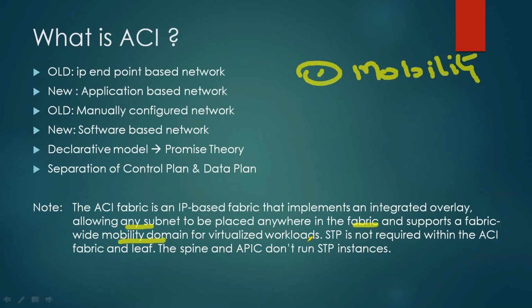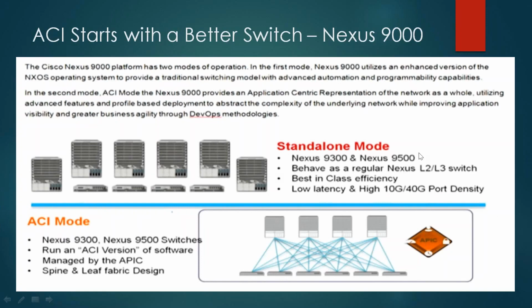For virtualized workloads, STP is not required within the ACI leaf and fabric. The spine and the leaf don't run STP instances. So now we are in the complete ACI fabric, that is the leaf and spine type of structure.